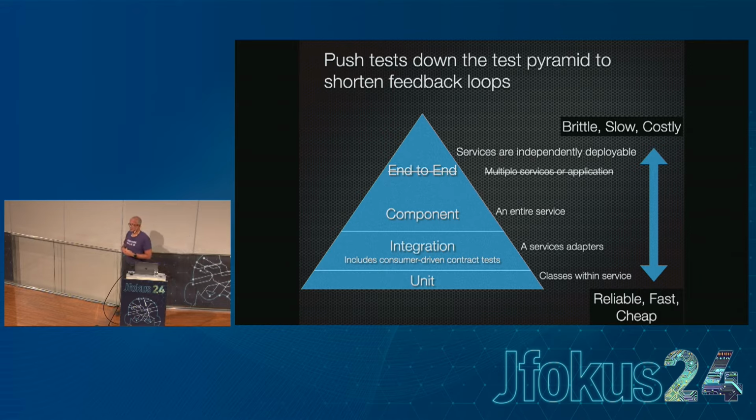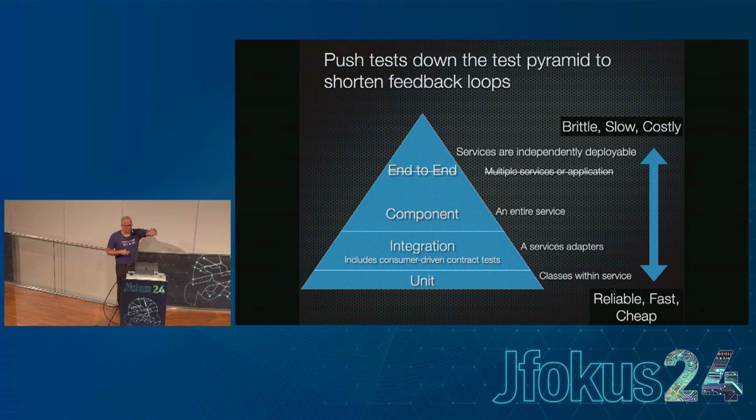And I think it's really important to try and push tests as far down the pyramid as possible in order to shorten the feedback loop. So if you've got some algorithm, you really want to test that using unit tests and not some higher level test that's using the database, because that will just run orders of magnitude slower.